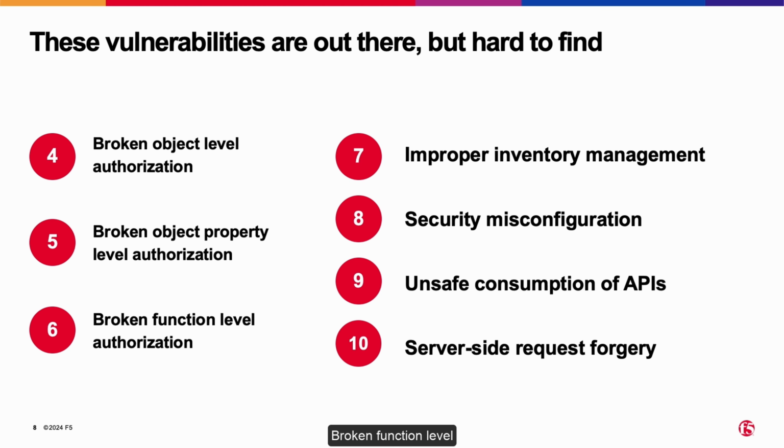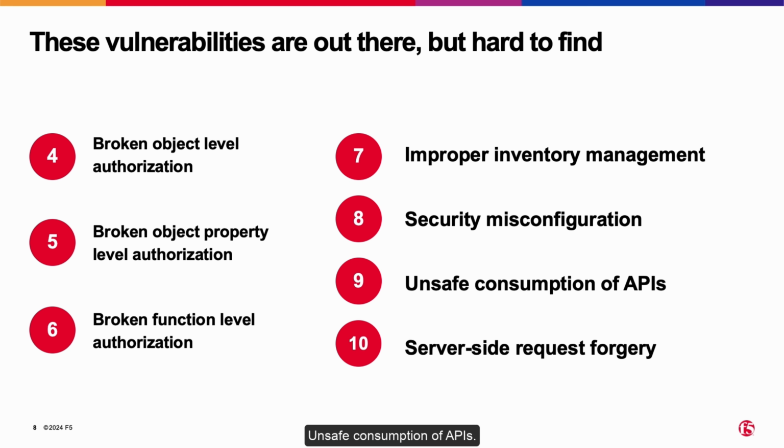Broken function level authorization is when a function performs an operation that it should not, such as withdrawing money out of the wrong account. Improper inventory management, that's when you lose track of an API and forget that it requires access controls. Security misconfiguration, well, that's just another word for a mistake.